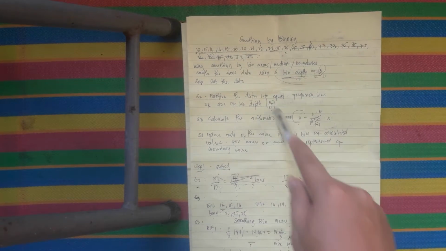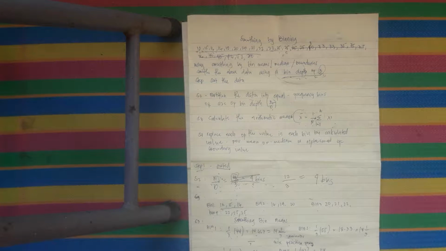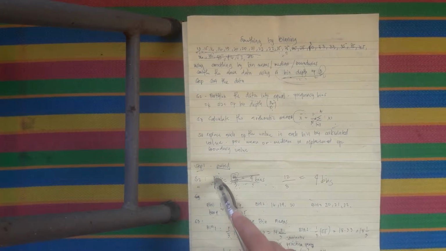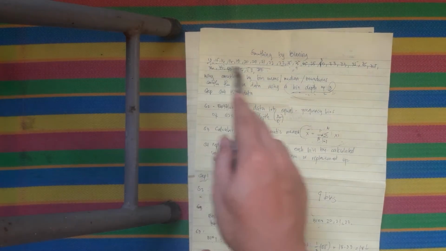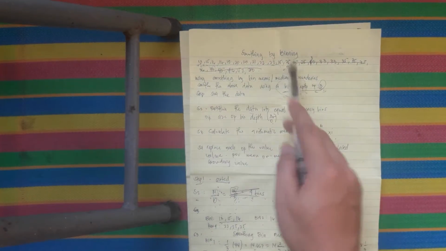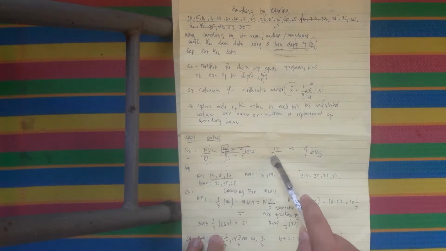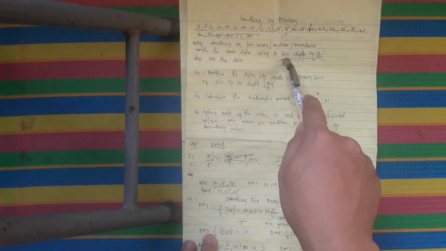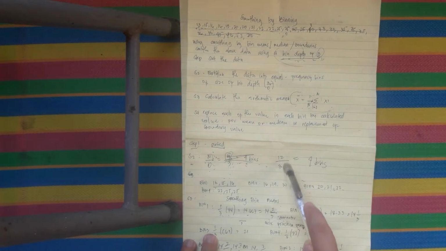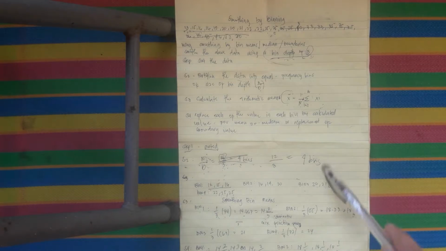We will use the formula n over d, where n is the total number of values in our data. We have 12 values, so the total is 12. Then d is the bin depth, so 3 is the bin depth. So 12 over 3 is equal to 4 bins.